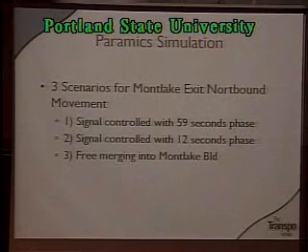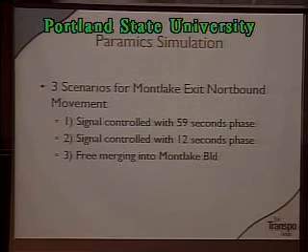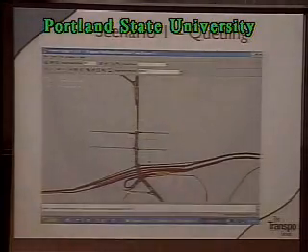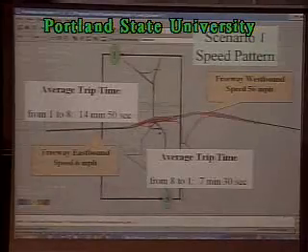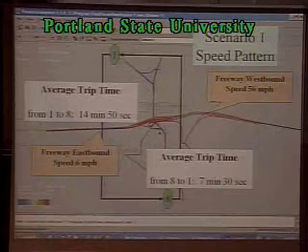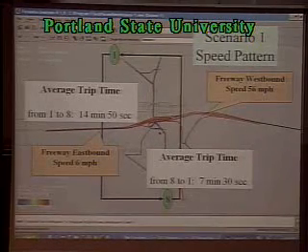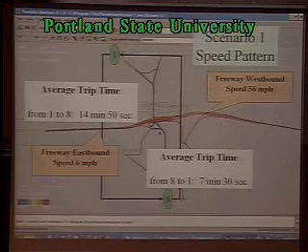We looked at signal controls with different timings, and we looked at an option with no signal control and free merging onto the surface street. And we looked at the queuing patterns for different scenarios. We looked at speed patterns, not only on the freeway but also on the surface street.